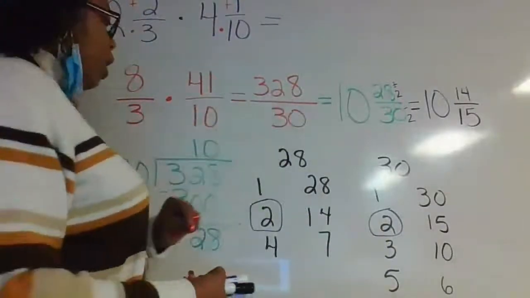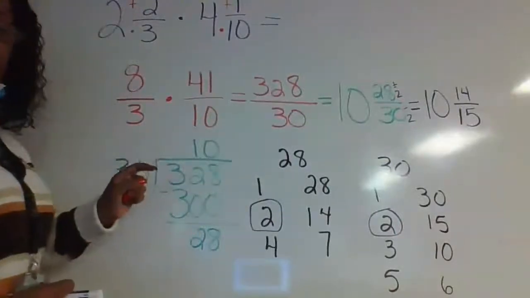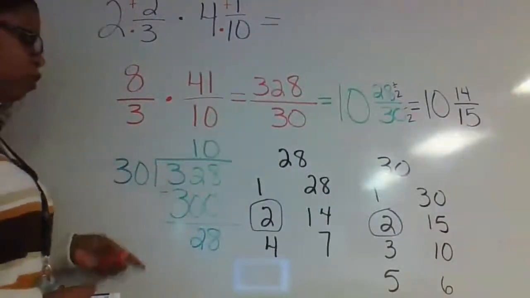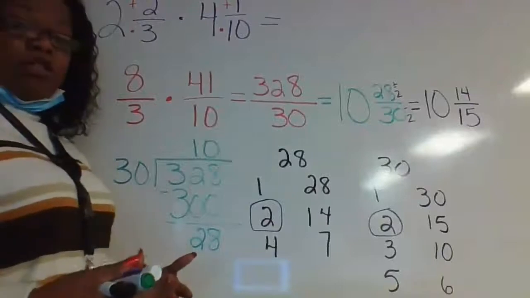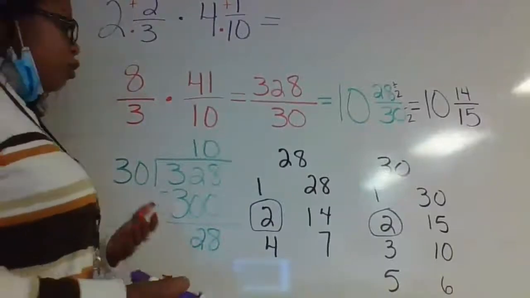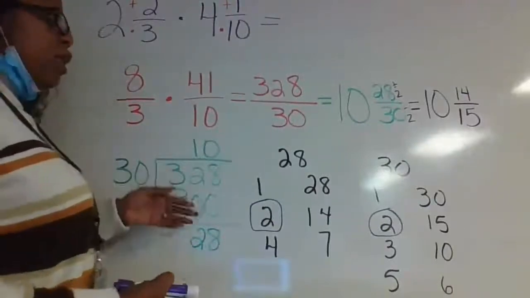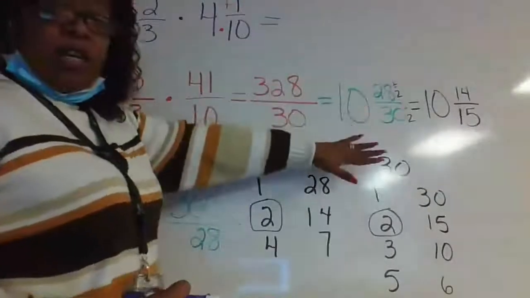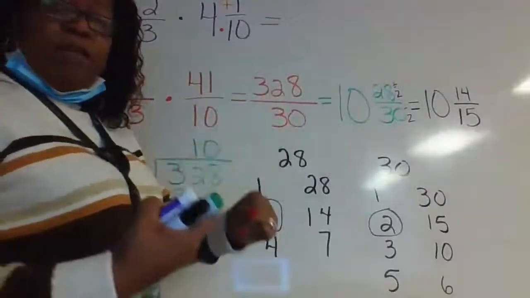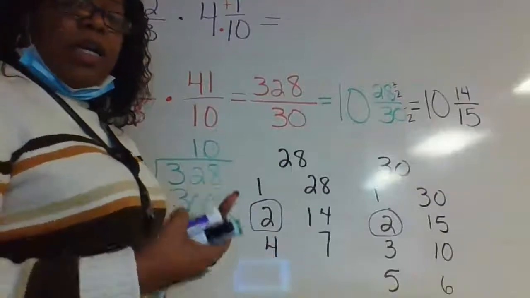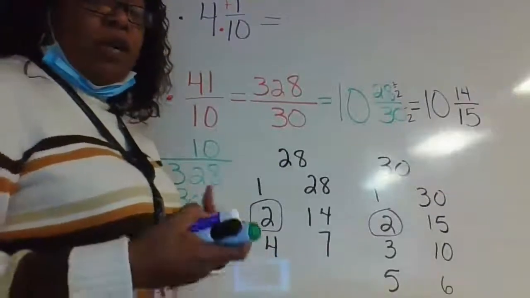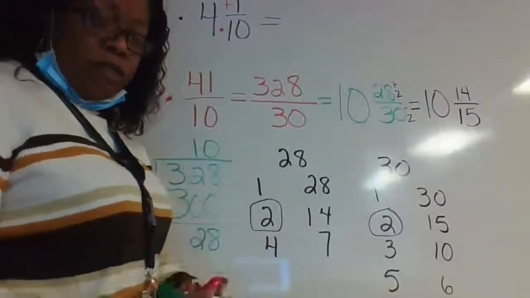And we did that by using long division, because we wanted our answer to be in fraction format. So when we did that, that gave us 10 and initially 28 over 30, but then we simplified the fraction 28 over 30, and it gave us 10, 14 over 15.